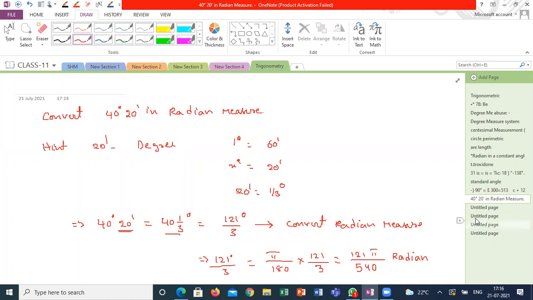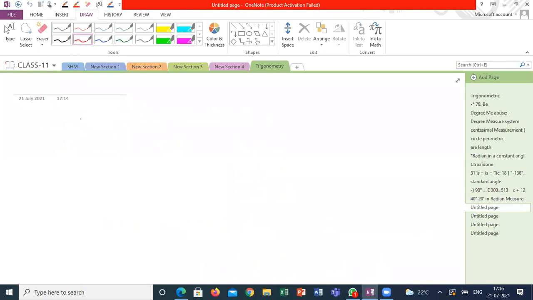Convert 47 degrees 30 minutes in radian system.